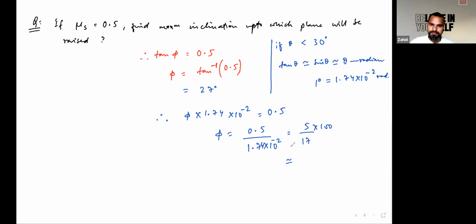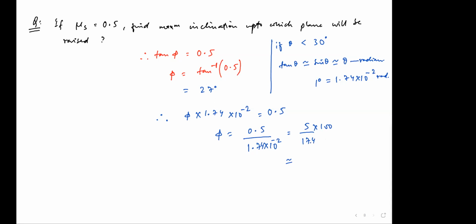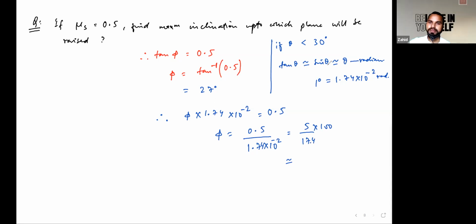Is it clear? Hamza, is it clear? Yes, sir, it is clear. So just remember this statement and how to calculate this angle.